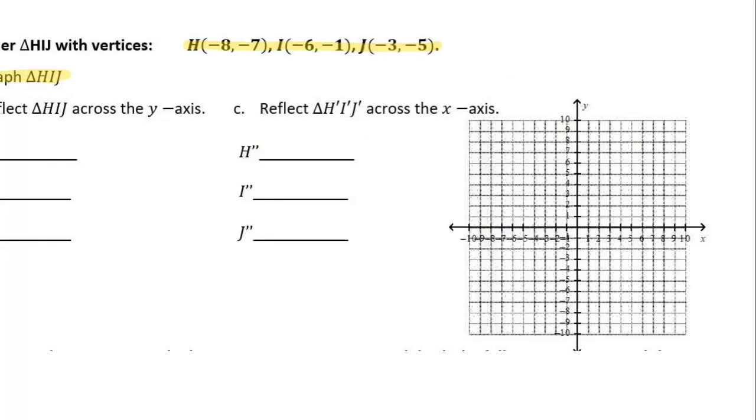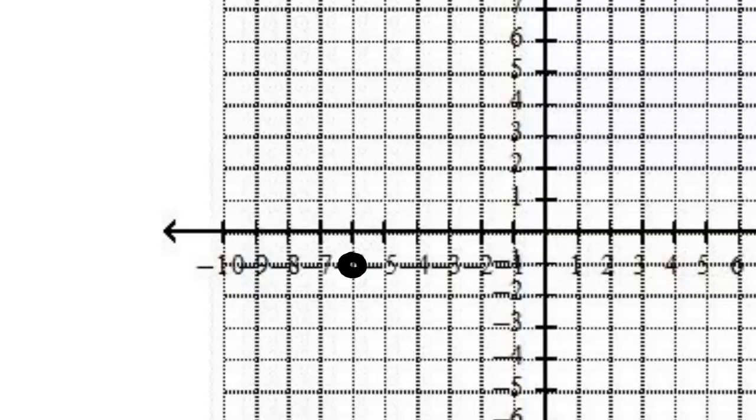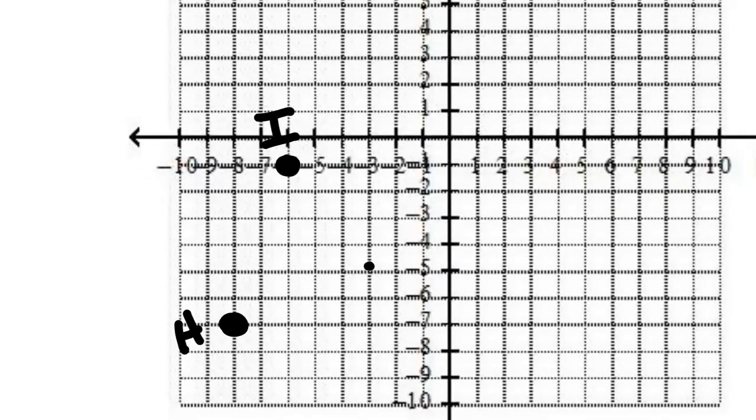So I need a point at negative 8, negative 7. Right here. There's H. Negative 6, negative 1. Right here. For I. Negative 3, negative 5 right here. For J. And then we're going to connect those points together.